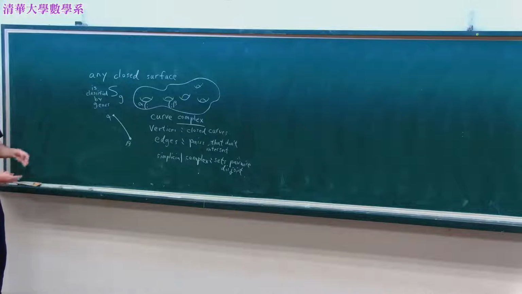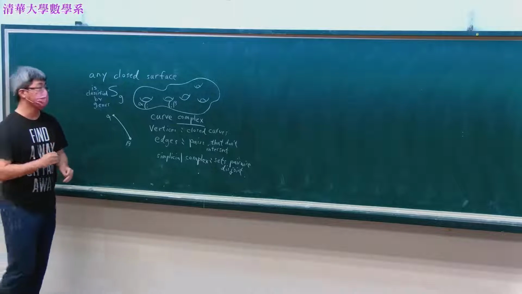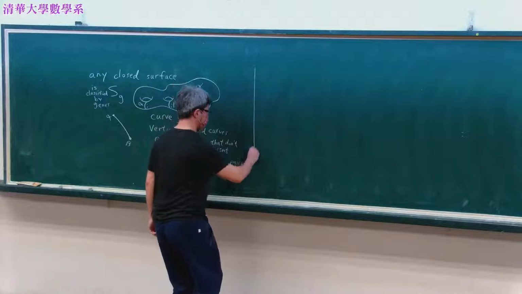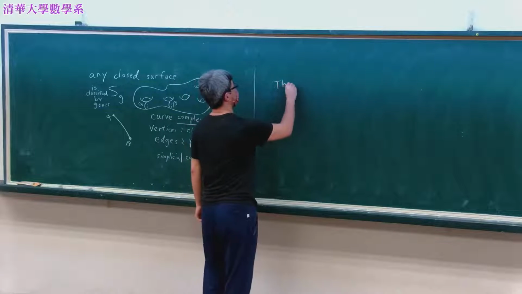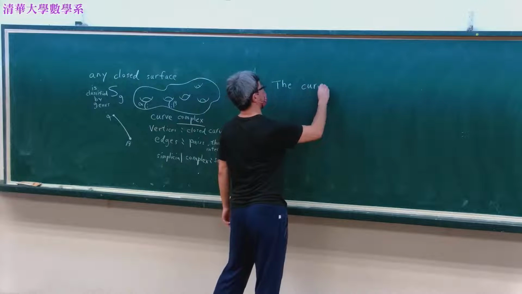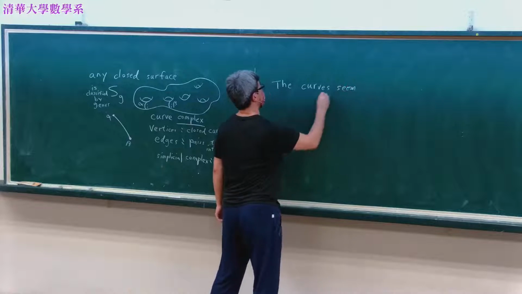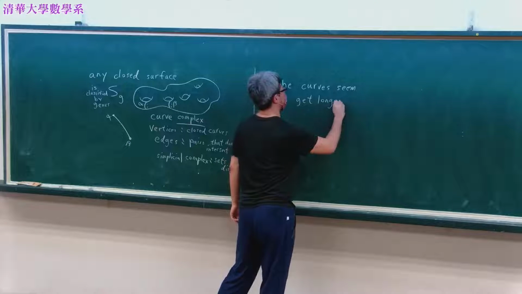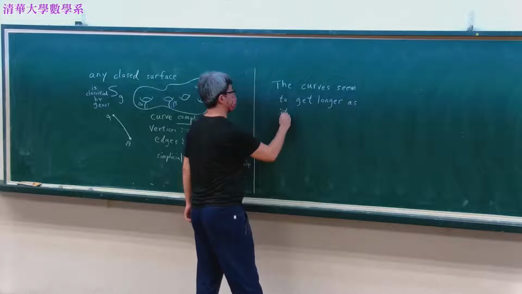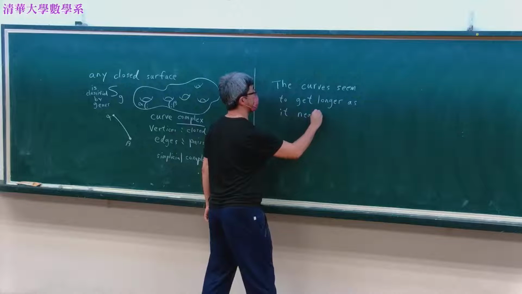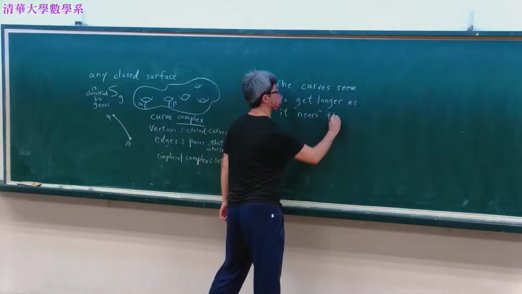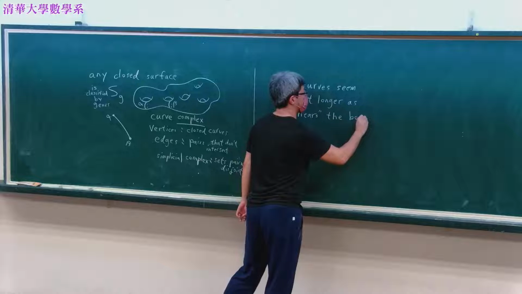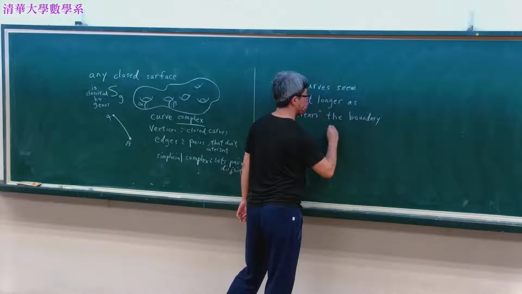How would you imagine curves that are getting further and further away? There's a single answer that says the curves seem to get longer as it nears. I guess near is in quotes because we don't have this defined.